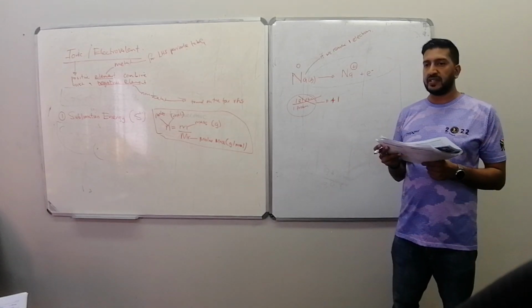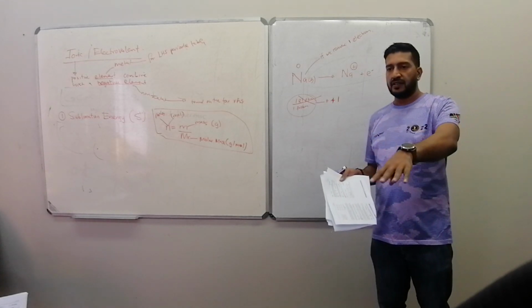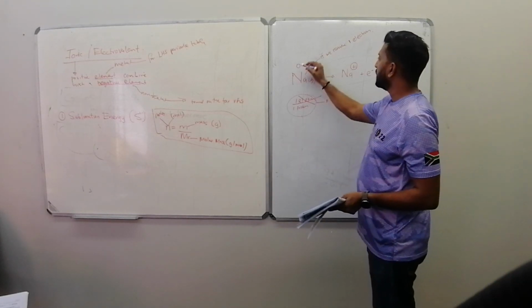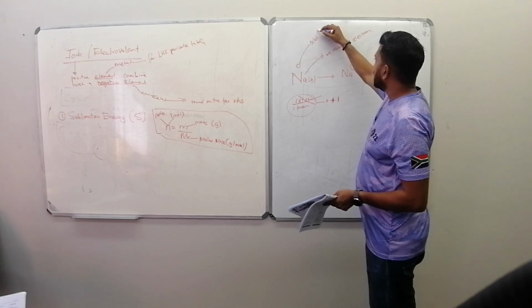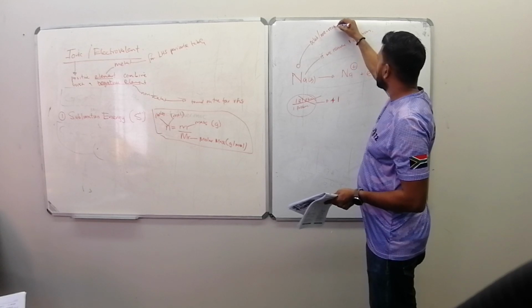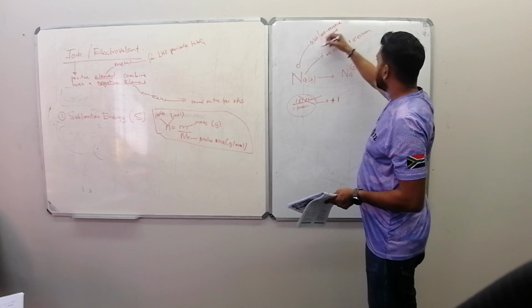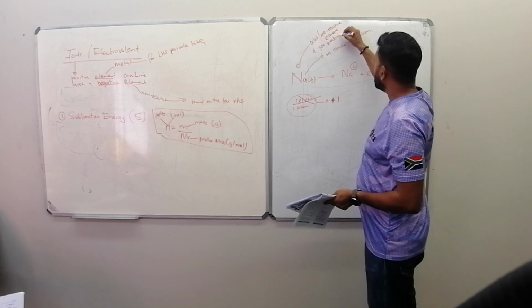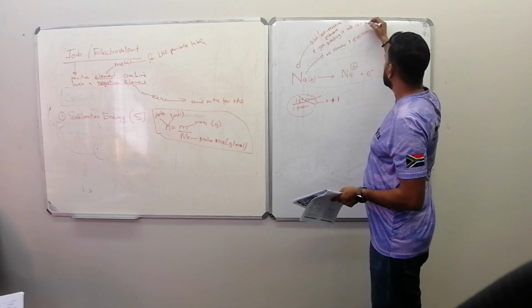Now, the removal of 1 electron is known as ionization energy. When you remove an electron, it is known as? So basically, you're taking a non-reactive element with an octet, and you're breaking it into ions.